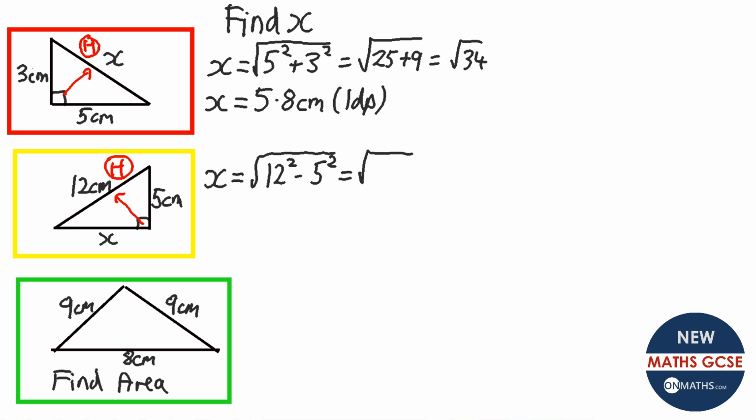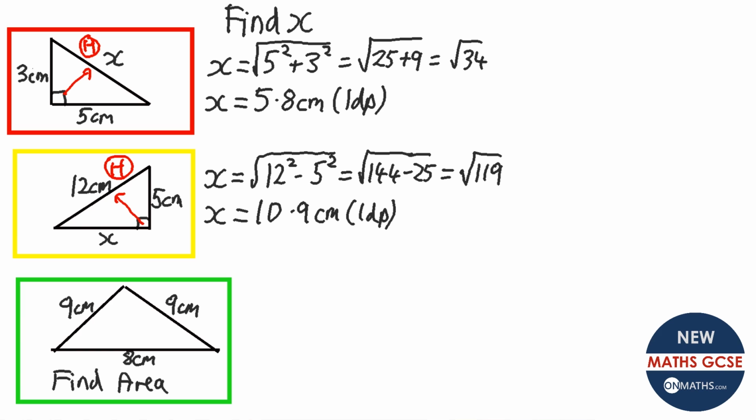So it's square root 144, take away 25. And so 144 take away 25 is going to be 119. So square root 119. And therefore x equals, well, I type it into the calculator and I get 10.9 centimetres to 1 decimal place.